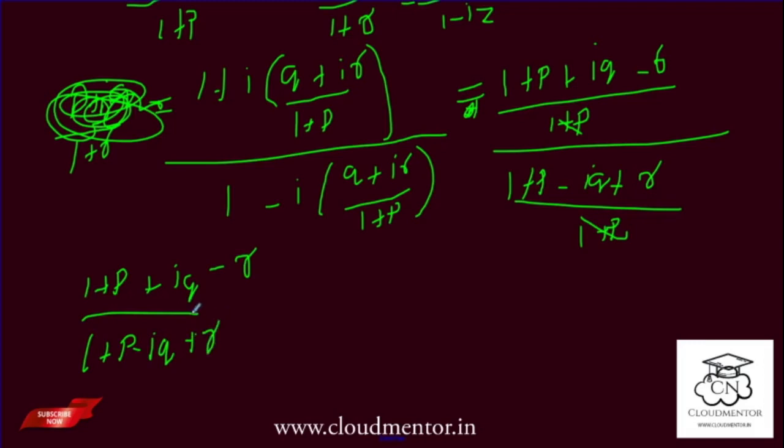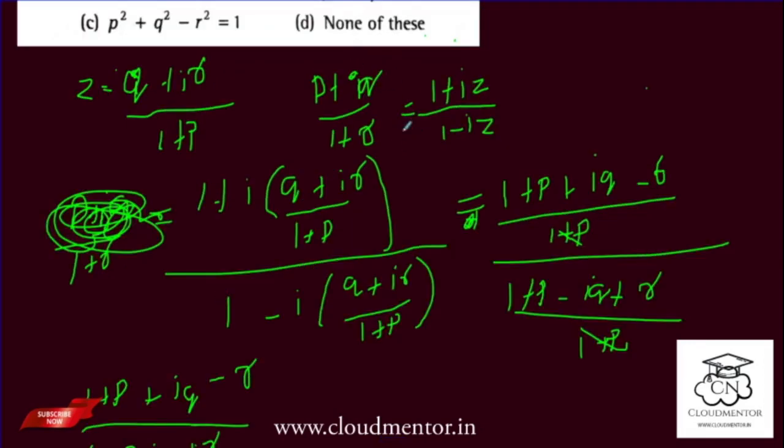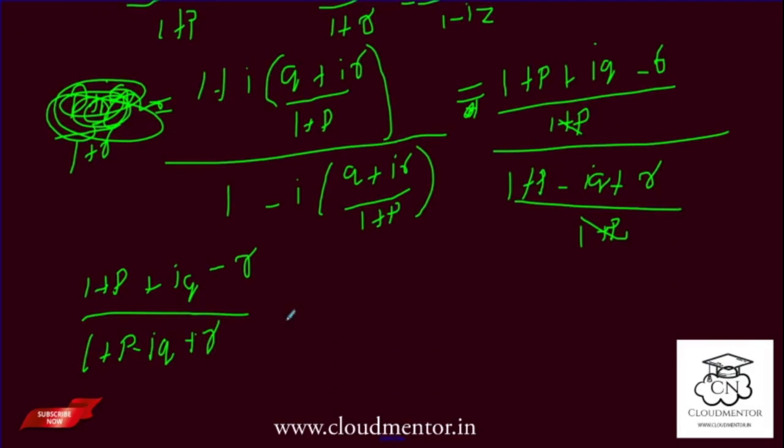So now we can equate this with p plus iq by 1 plus r. So that's equal to p plus iq by 1 plus r.